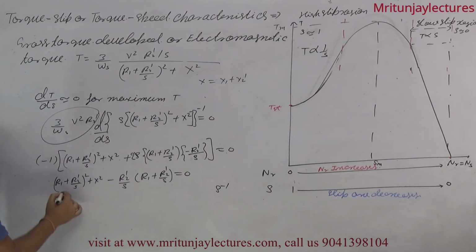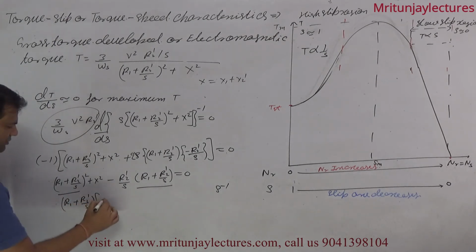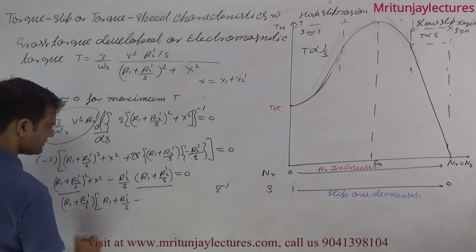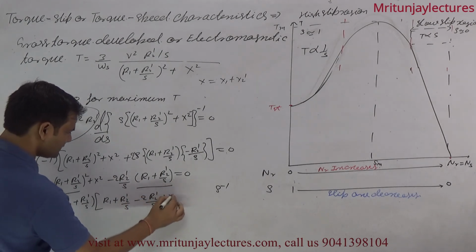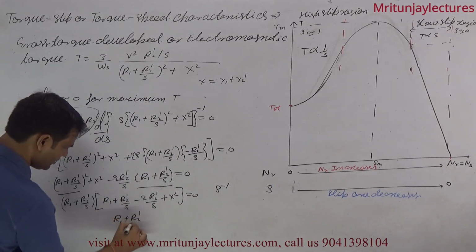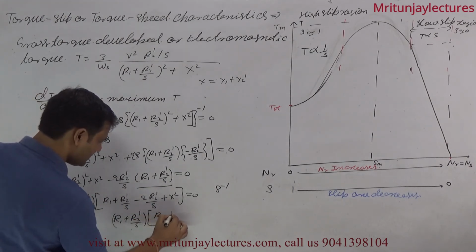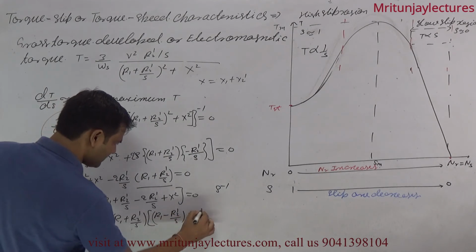Okay, now in between, (r1 + r2')/s is common, so (r1 + r2')/s minus 2 times of r2' plus x², this is equal to 0. So finally we got, it is also written as (r1 − r2')/s plus x². Clear?